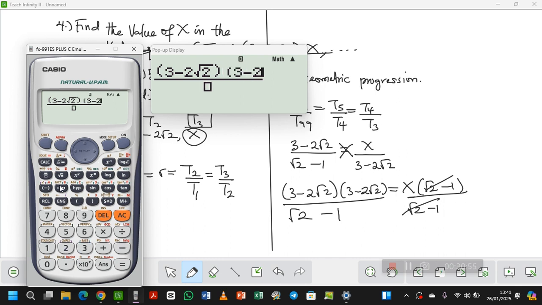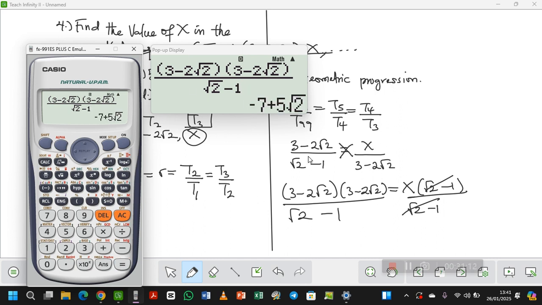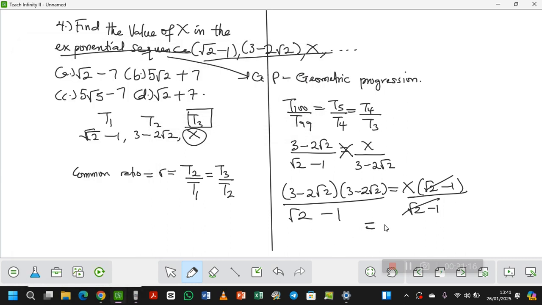Don't be tensed when you are doing it in the CBT; make sure your body is calm. Then you press equals. What do we have? Minus 7 plus 5 root 2.